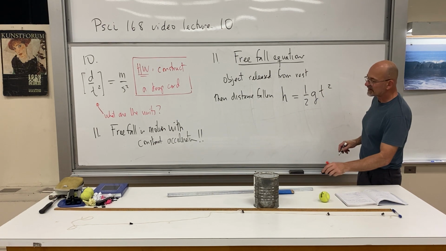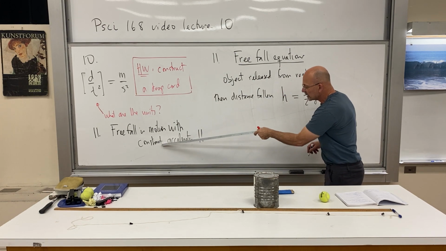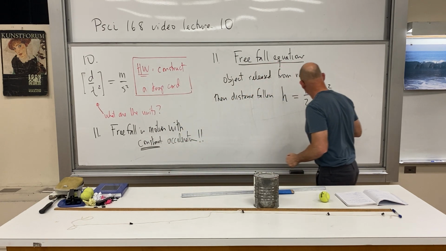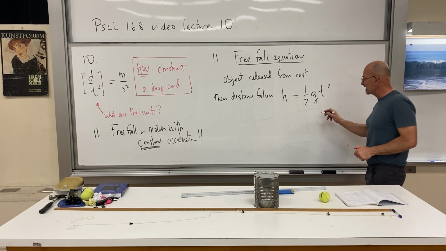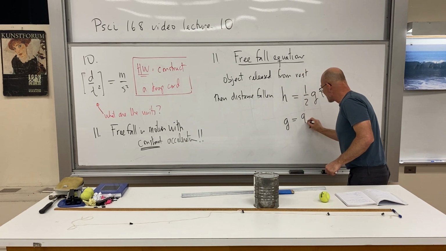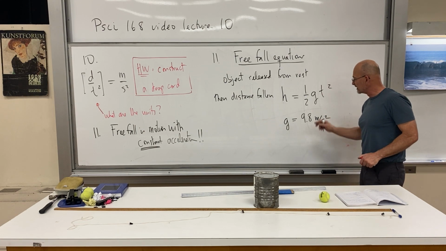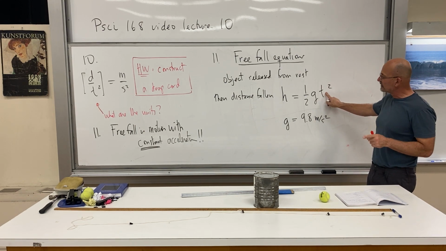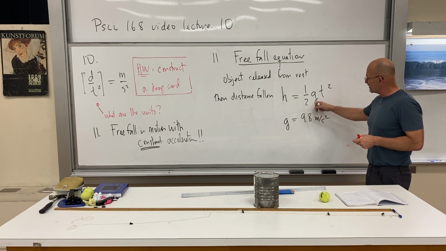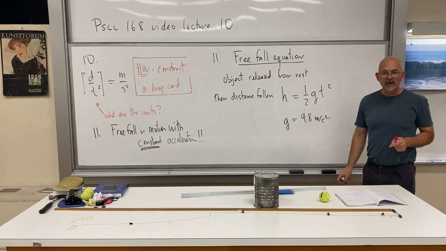So this constant that I'm talking about here, constant acceleration, this constant is this 1/2 times g. g is called the gravitational acceleration, 9.8 meters per second squared. But you see it's got that t squared law. That was our drop cord proved to us. This 9.8, and 9.8 divided by 2 is 4.9, we could get with simple experiments.